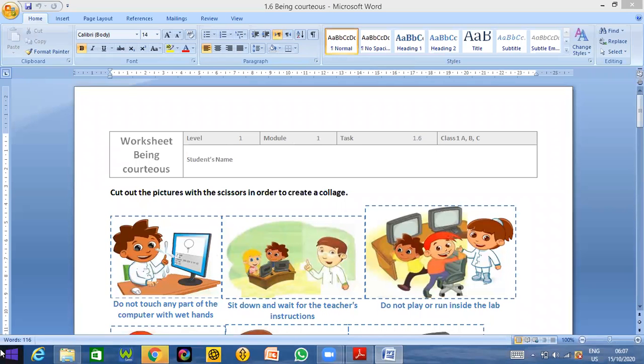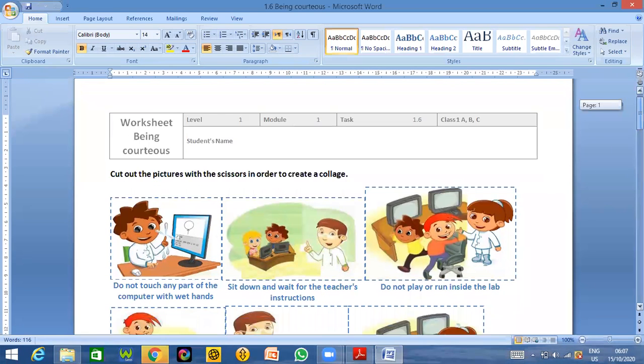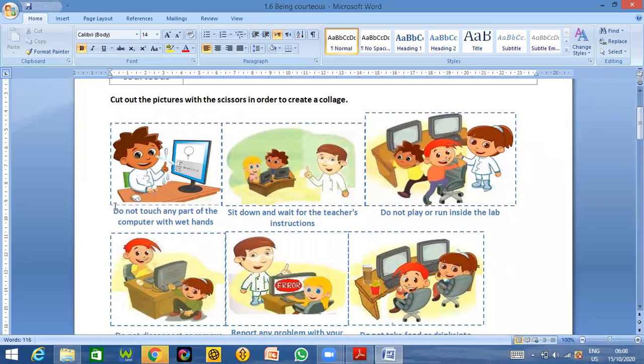Okay, here is the worksheet for being courteous. Do not touch any part of the computer with wet hands. You should not touch any part of the computer while your hands are wet.